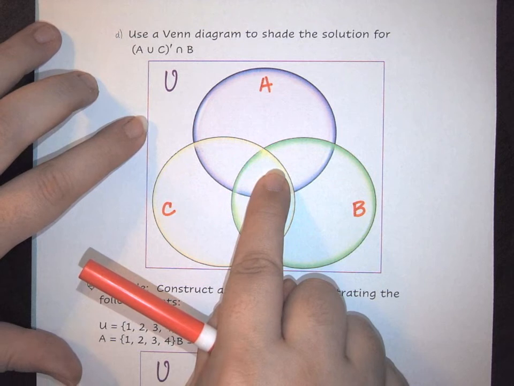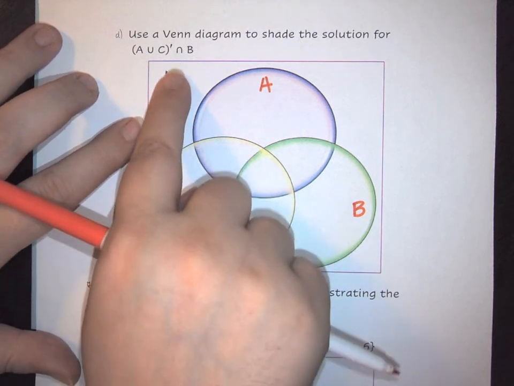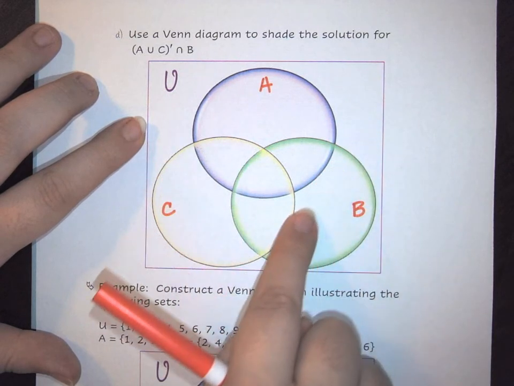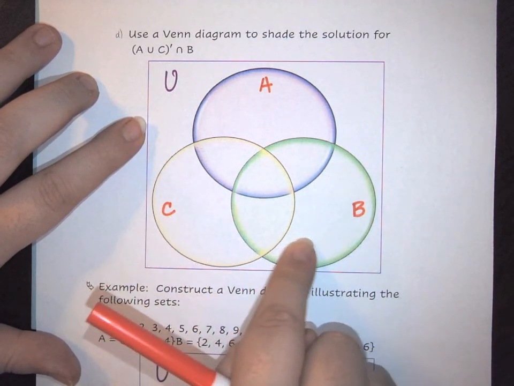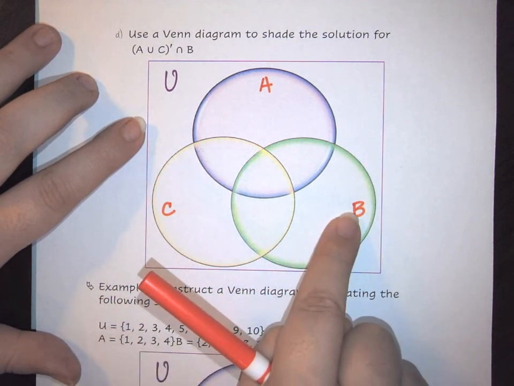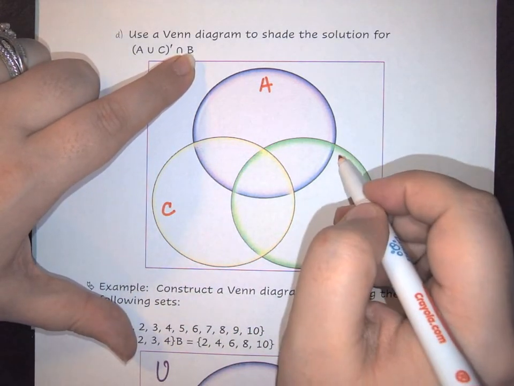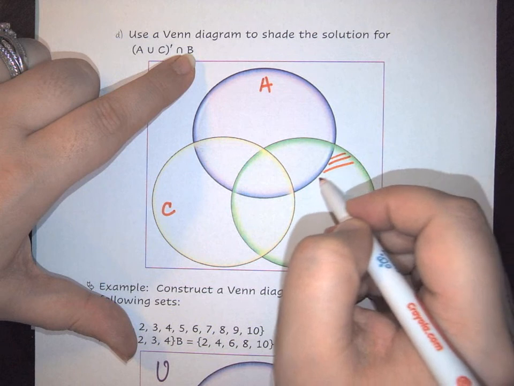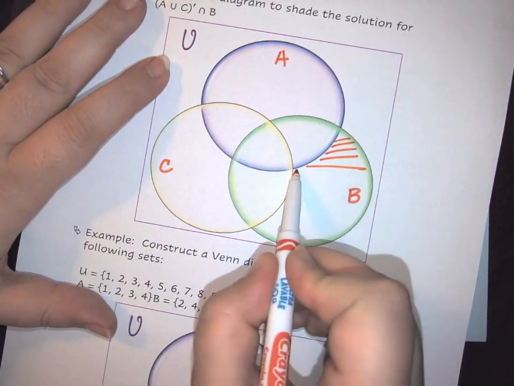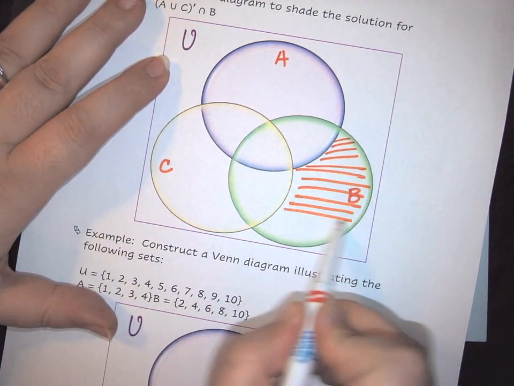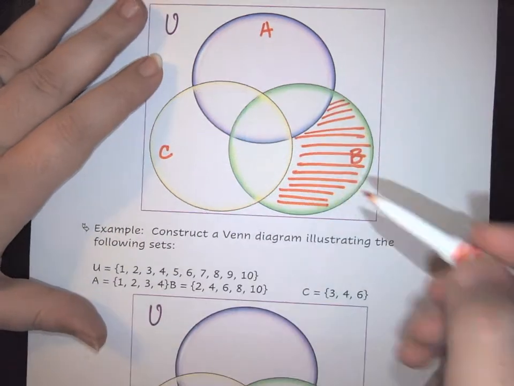So that means everything except. So everything except would be everything on the outside and this piece of B here. Okay, so that's actually what we have. And when we intersect that with B, what that means is that we are looking at just this piece of the puzzle right here.